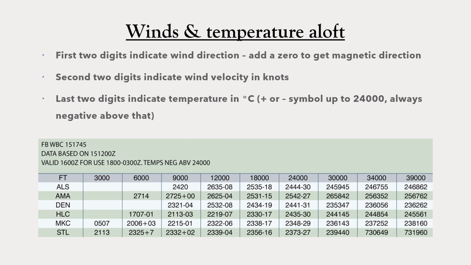We don't have temperature data at 9,000 feet for ALS, and like for Denver, we don't have information at 3,000 feet and 6,000 feet because the field elevation at Denver is high enough that that isn't actually up very far.